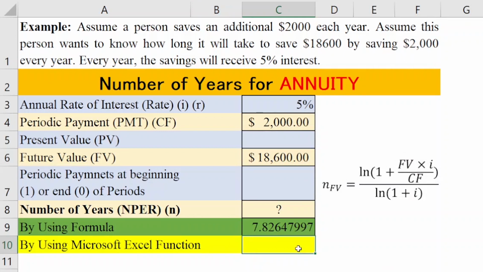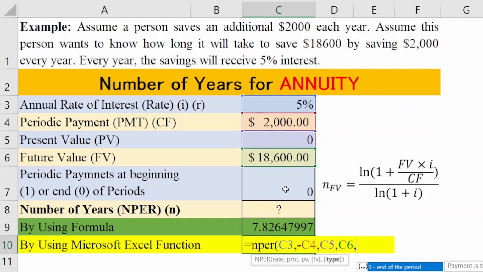We will perform the same calculation by using Microsoft Excel function, that is equal to NPER, start the parenthesis, rate is 5%, comma, periodic payment, that is an outflow, so we will press negative sign with this 2000, comma, present value is 0, comma, future value 18,600, comma, that's an ordinary annuity where payments are made at the end of the period, so 0, close the parenthesis and press enter.